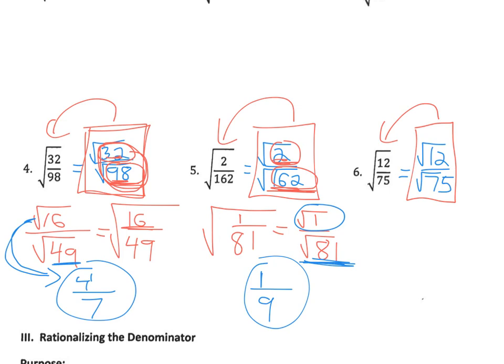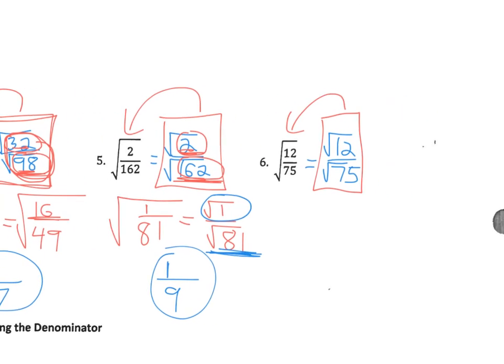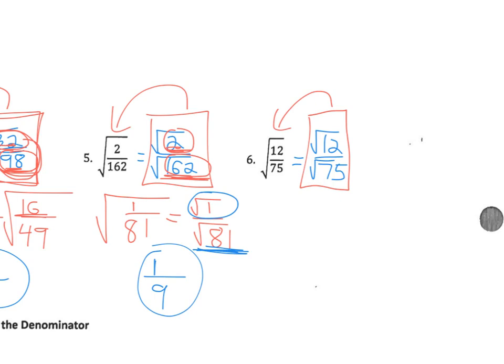Okay, we slide over to number 6. The 12 over 75. The 12 and 75, I want to simplify 12 over 75 first before dealing with the radicals. So 12 and 75, again, you could use your calculator to see what goes into it.